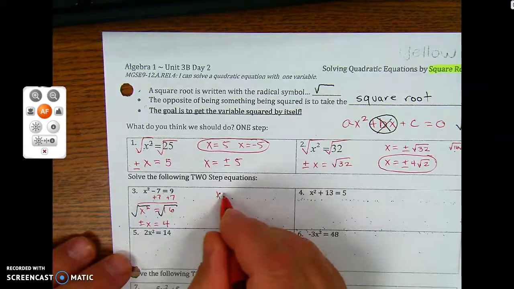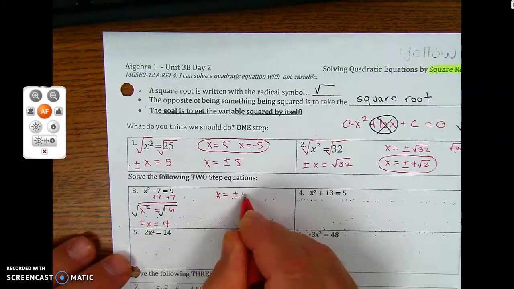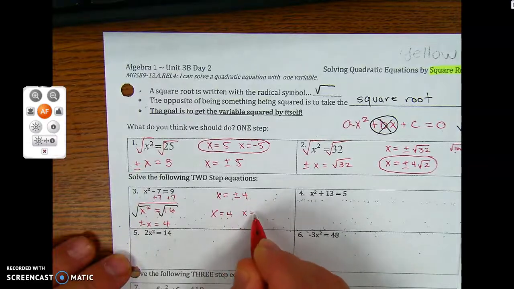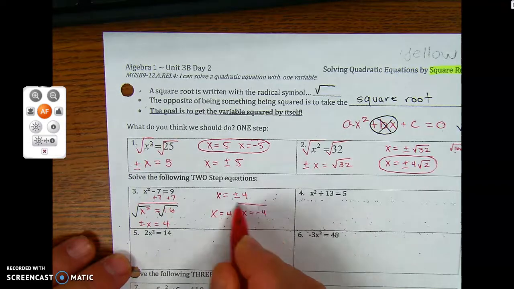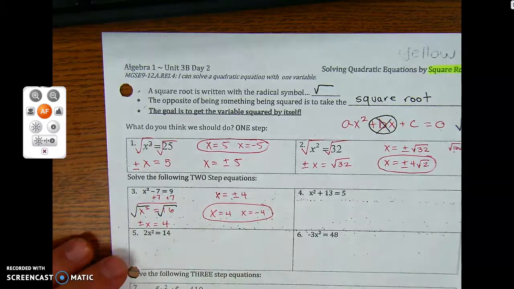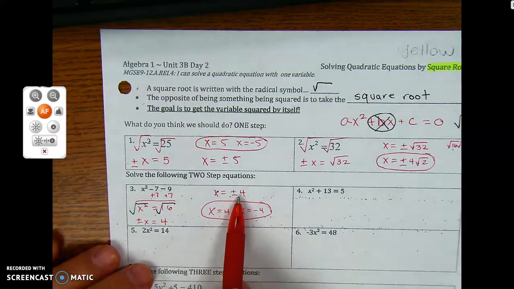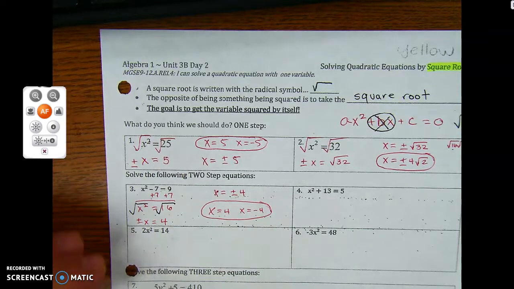So x equals 4 and x equals negative 4. I had enough room to write two separate answers on this problem, so I wanted to remind you that this is two answers. It's positive 4 and it's negative 4.